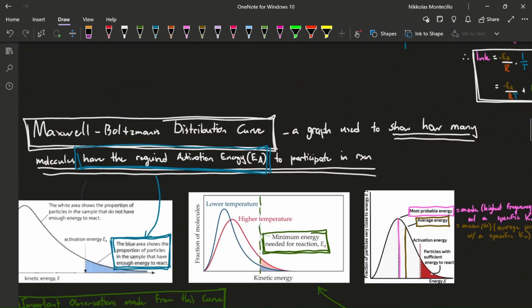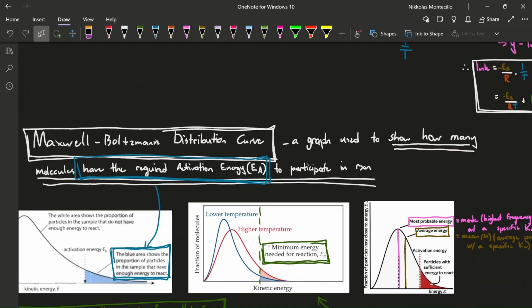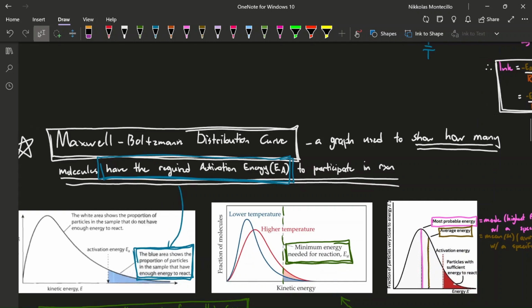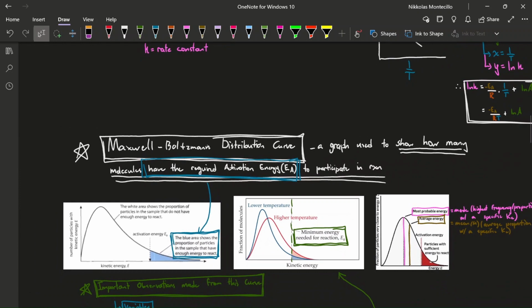Now, I just want to draw our attention over to the Maxwell-Boltzmann distribution curve. Occasionally you may be tested on the concept of the Maxwell-Boltzmann distribution curve, and you just need to know exactly what it's used for. It is a graph that's used to show how many molecules, or the proportion of molecules, have the required activation energy to participate in reactions.